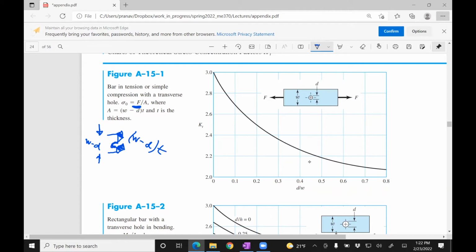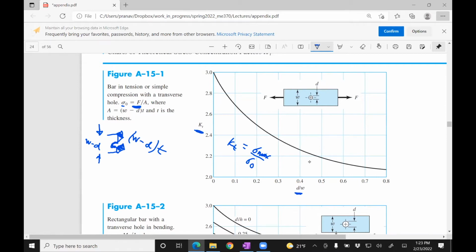So that's sigma 0. But remember that KT is sigma max divided by sigma 0. So given the dimensions, W is the width and D is the diameter of the hole, you can then compute what KT is just by looking at the figure.